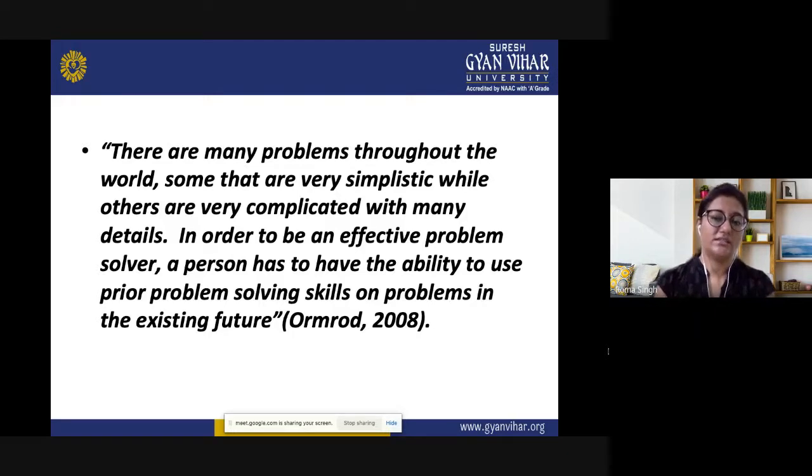So yes, this quote very much defines that there may be problems. Some problems may be simple, some may be complex, complicated. But if there is an effective problem solver, that person will be able to use these skills so that the problems in the future can be done away with.